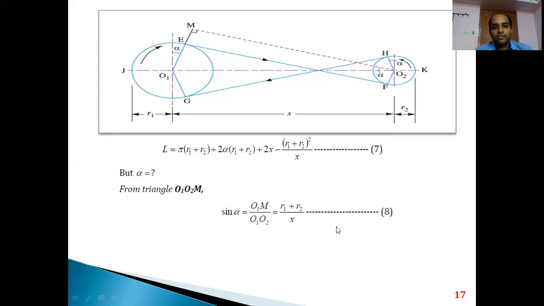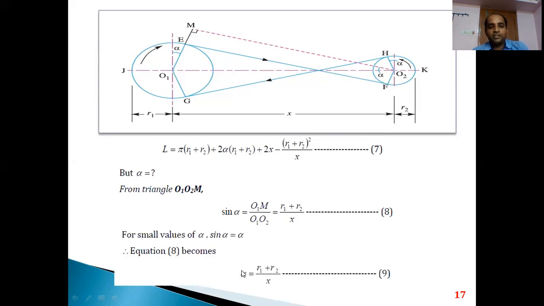So which we have simplified here. So now if you observe, the angle alpha is very small in nature, which means we can write alpha is equal to (R1 plus R2) by x. Now I substitute this value of equation 9 in equation 7.